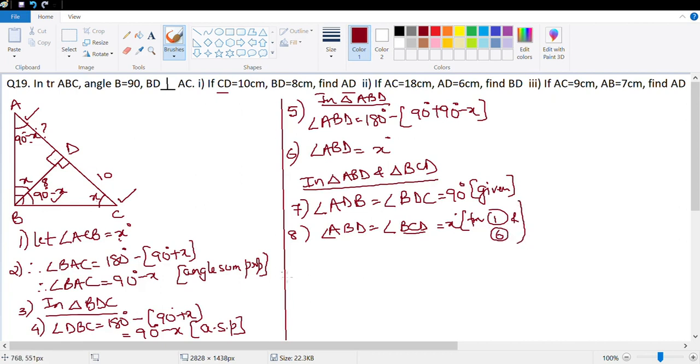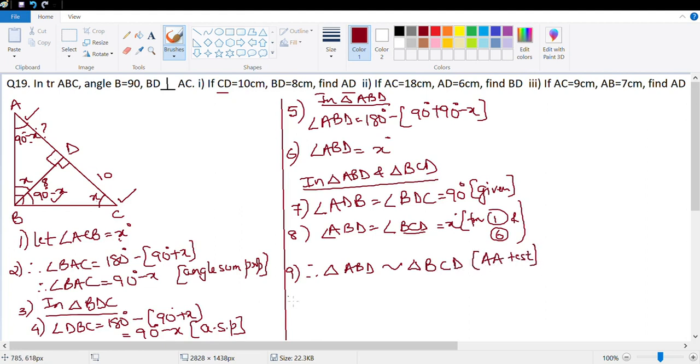Therefore, triangle ABD is similar to triangle BCD by AA test.